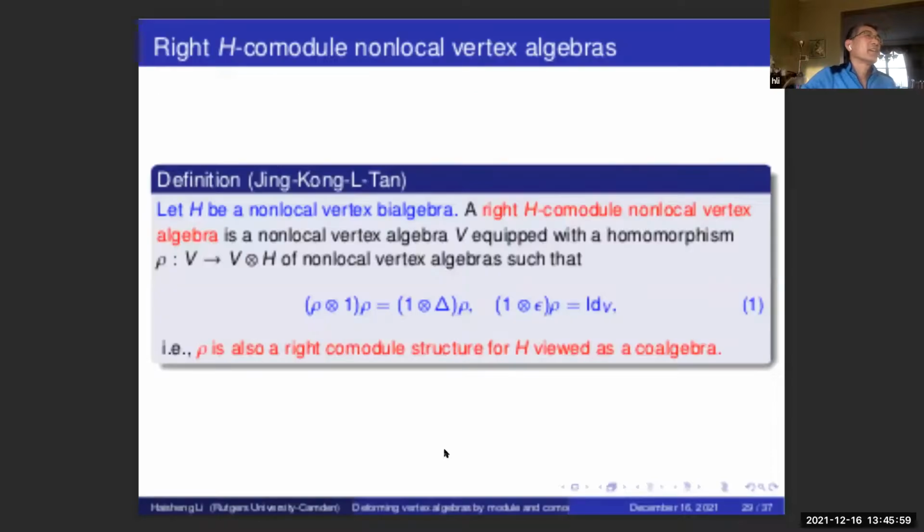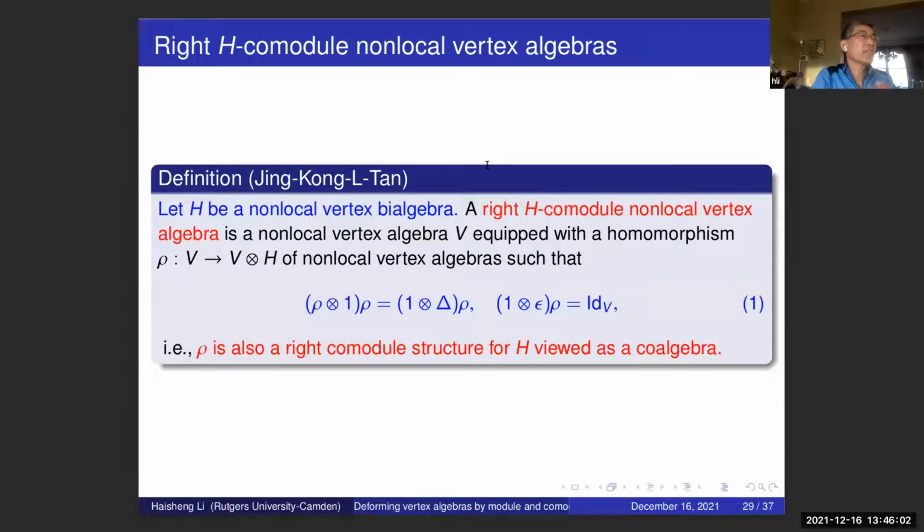Okay, then the relatively new thing is the joint work here. We want to go further, to consider deformation further. Before, we mentioned the left module vertex algebra structure. Now of course, because in the classical theory we also have right co-module vertex co-algebra structure, suppose H is a non-local vertex bialgebra. Here we can talk about a right co-module non-local vertex algebra.